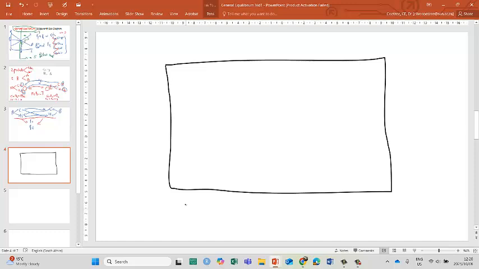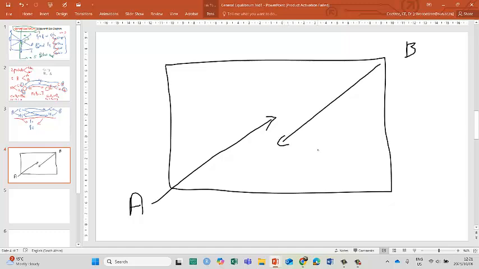So we're going to plot either Mr. A on this side, and Mrs. B on this side, or Mrs. B on this side, and Mr. A on this side. It doesn't really matter. So let's go person A here and person B there. So Mr. A works in this direction, and Mrs. B works in that direction. Okay.